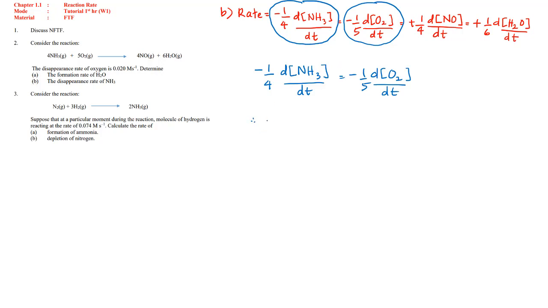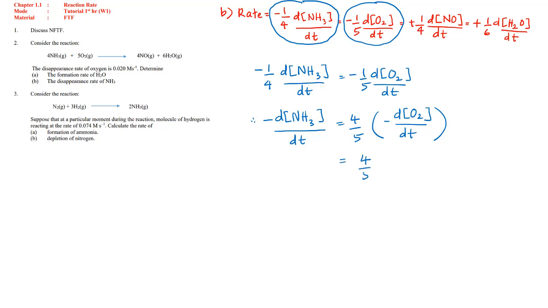Alright, so now you are going to determine the rate of disappearance of ammonia, where the rate of disappearance of ammonia is equal to 4/5 times the rate of disappearance of oxygen gas. Maksudnya apa? Kadar pengurangan amonia adalah 4/5 kali ganda daripada kadar pengurangan oksigen gas.